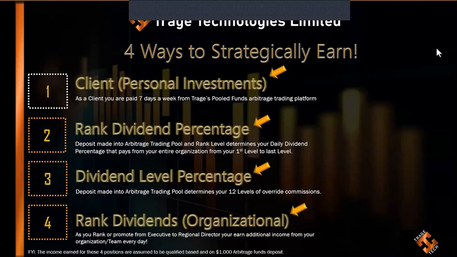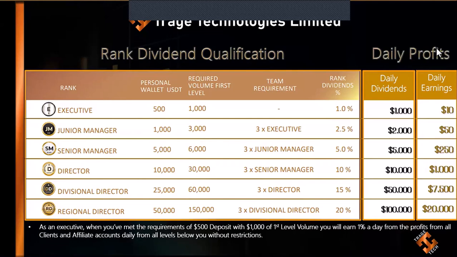Okay? Now, everything we do here is based on what? It's based on a percentage. So we're going to talk about that and dig into it. Now, here is the structure. This is what we call rank dividend qualification. You're going to love this.